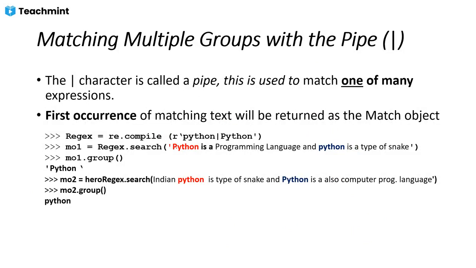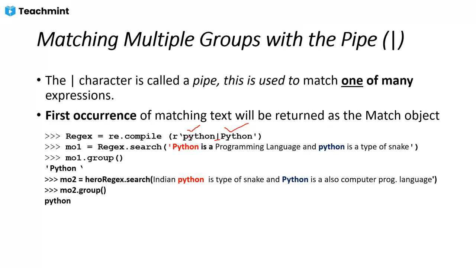It is not necessary, for example, to write Python in only this pattern. It can be like this or it can be like this. So I have two choices, and those two choices are formed with the pipe symbol. Now the regular expression is formed with one of these two choices.